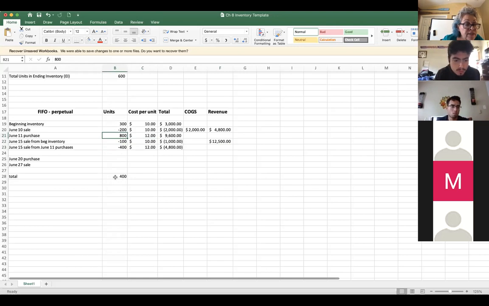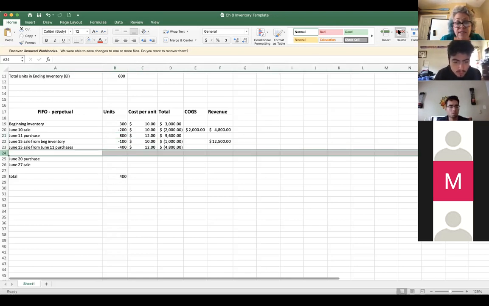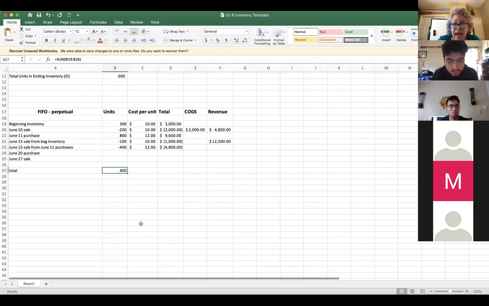So after this sale, how many units did I have in ending inventory? 400. And what purchase did they come from? What layer? They all came from the June 11th purchase because I had 300 units in beginning inventory.